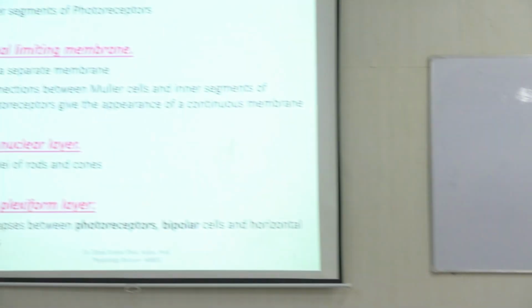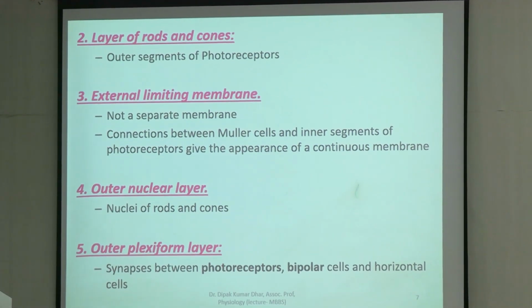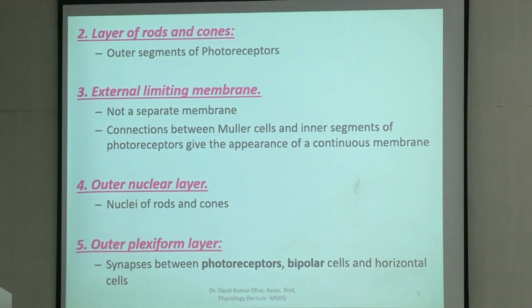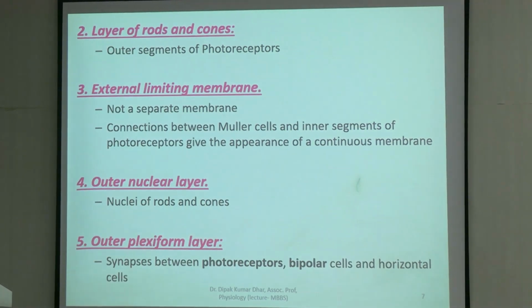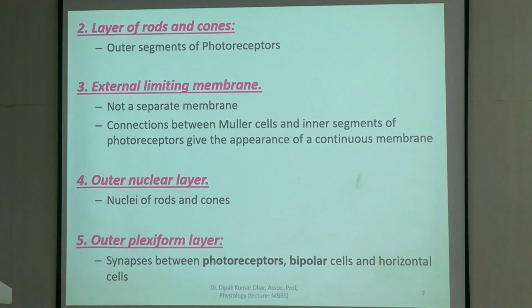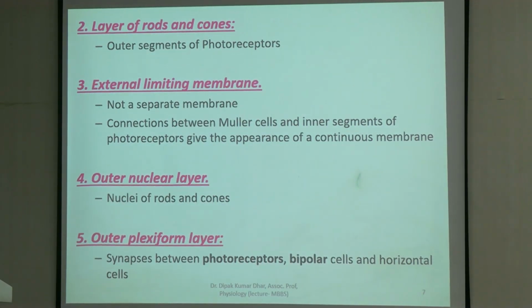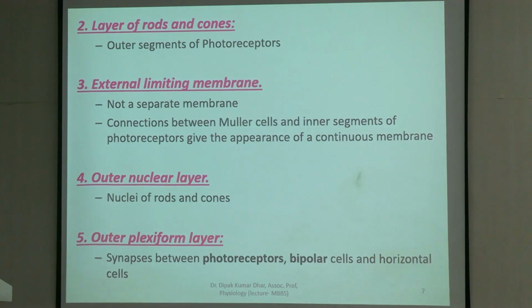The layer of rods and cones actually refers to the outer segments of the photoreceptor. We have talked about this already. The external limiting membrane is not a separate membrane but is formed by the projections of the Muller cells, which give the appearance of a membrane. The outer nuclear layer is the nuclei of the rods and cones.